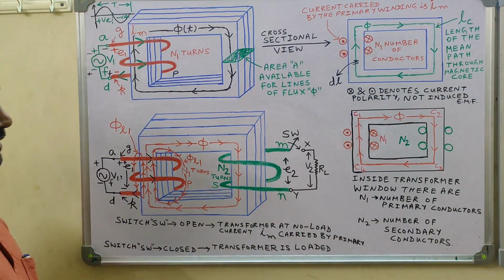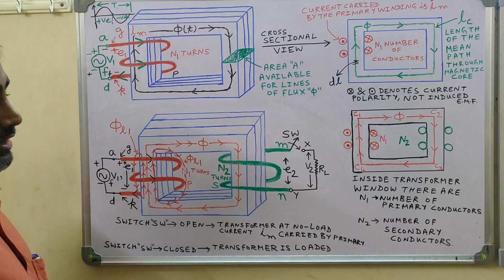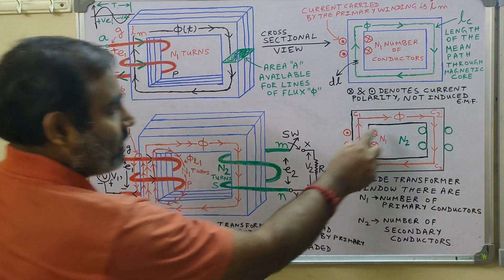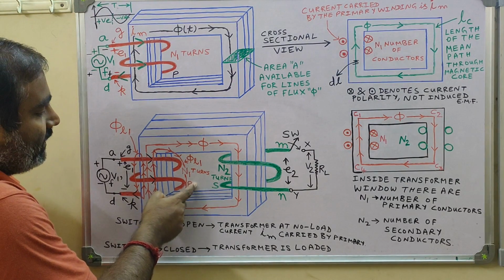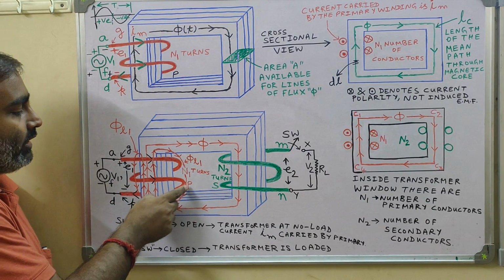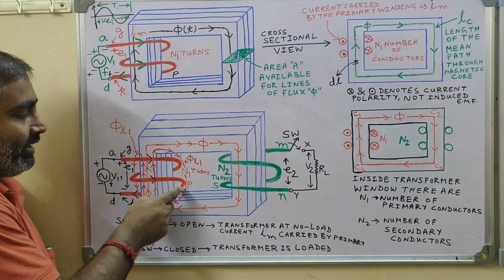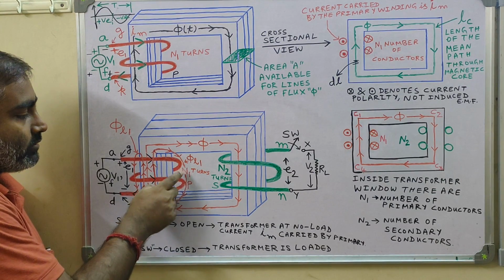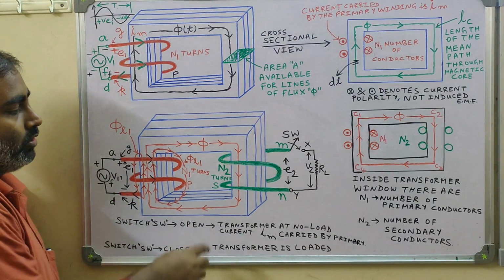Simply speaking, whatever the number of turns, that is the number of conductors for that winding in the transformer window. For example, the primary winding P has N1 turns, so it has N1 conductors belonging to the primary winding in the transformer window.